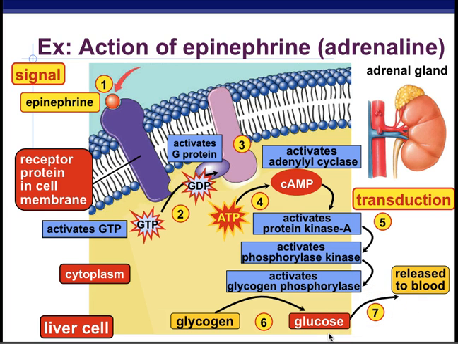So when epinephrine sends a signal to the liver cell, we end up with a lot of extra glucose released to the blood. Why would we, if we were in a fight or flight state, want a whole bunch of extra sugar released in our blood?